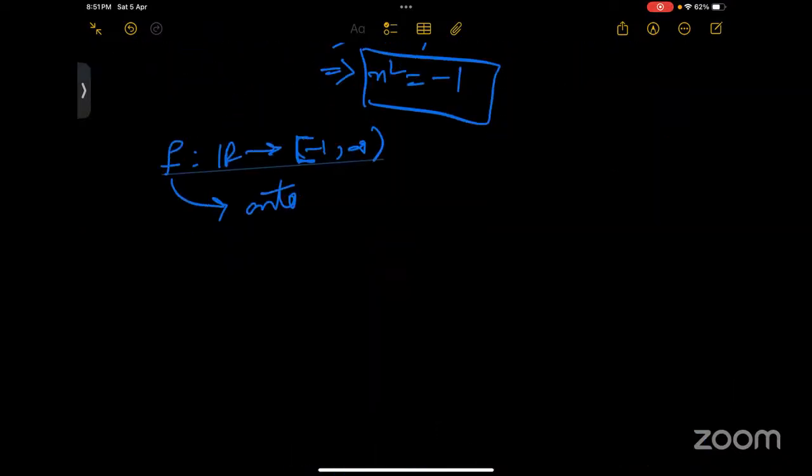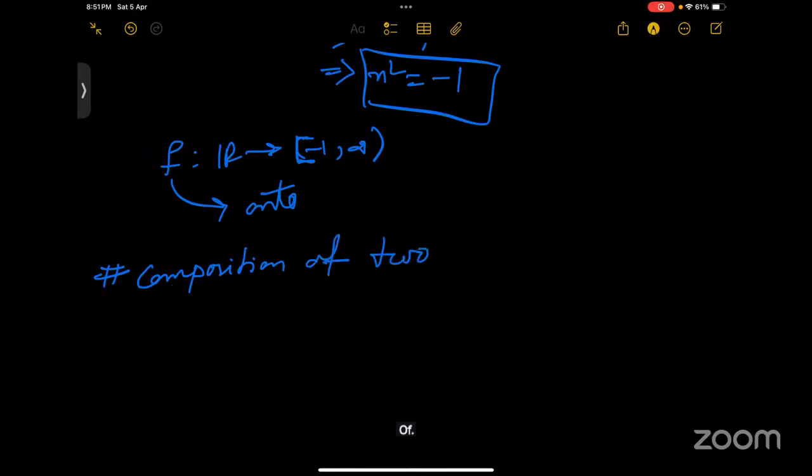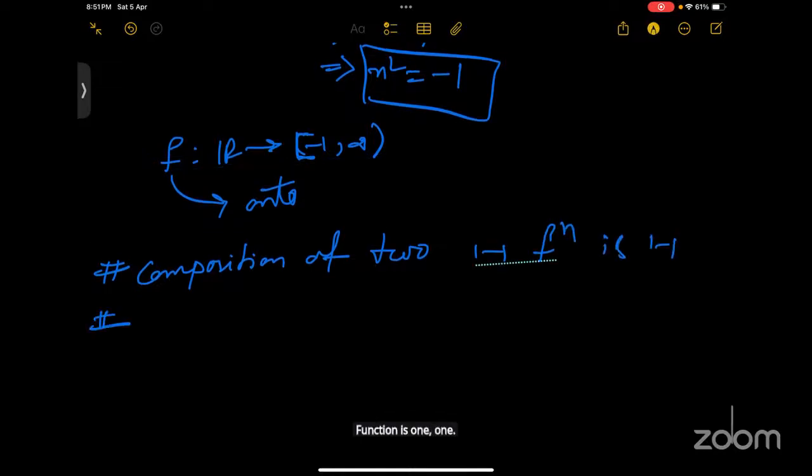Okay. So one note we can use is that the composition of two one-one functions is one-one. Again, the composition of two onto functions is onto.